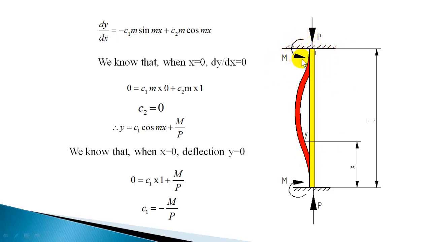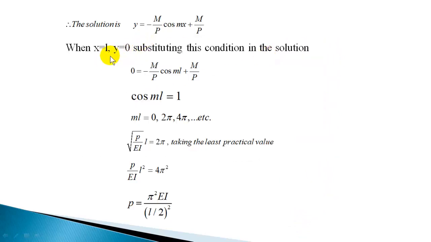We have another condition, x is L, dy by dx is also 0. So that is another condition available, but you can put x is equal to L, y is 0. So that is the easiest way. Substituting this condition in the solution, x is equal to L, y is 0.